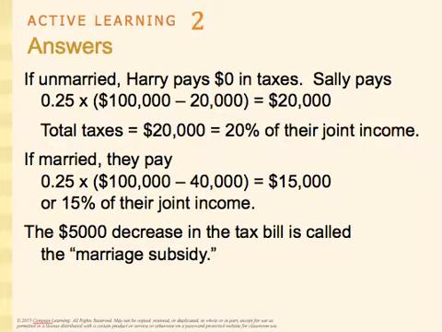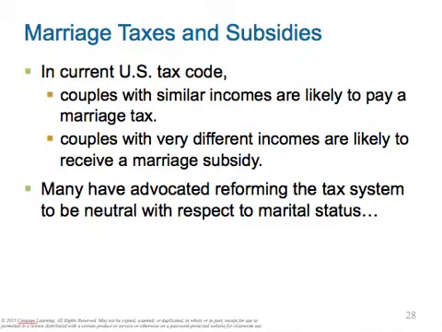They pay the difference. If the system's set up like in this example, where those who are single end up paying more than those who are married, then there's an incentive to get married, and that's called a marriage subsidy. So policy matters, and how you structure the policy matters. Now, in the current U.S. tax code, couples with similar incomes are likely to pay a marriage tax.